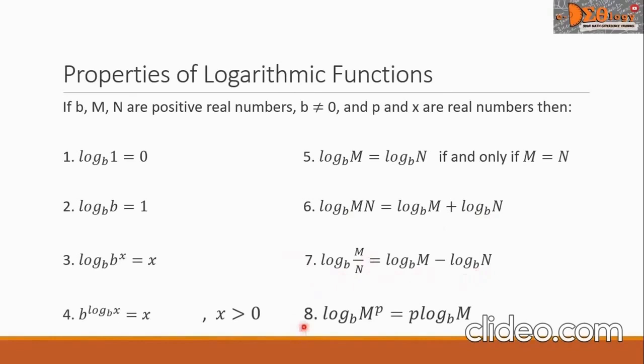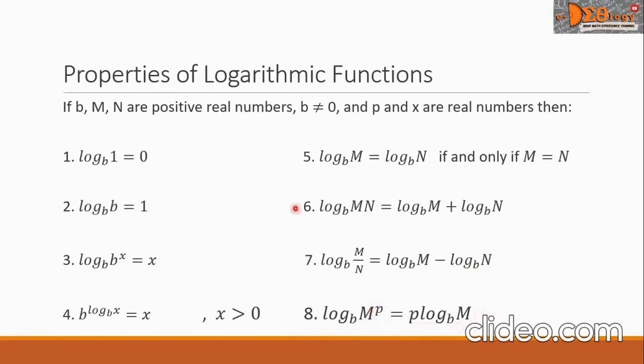Property number 8. The log of this M raised to an exponent p to base b, this is equal to the p, which is the exponent, is now put down as a factor. So this is p times the log of M to base b.